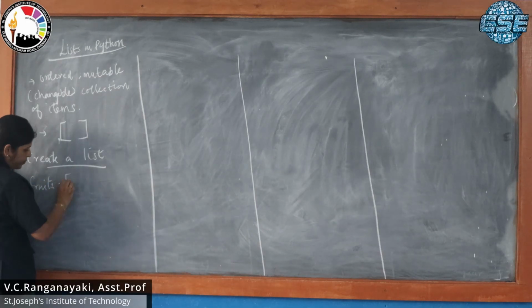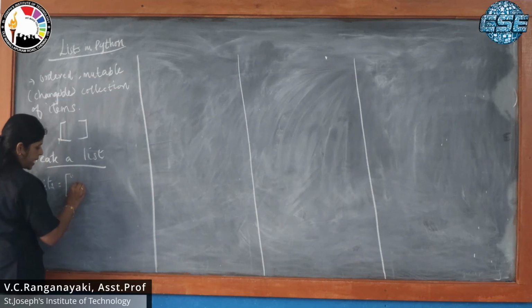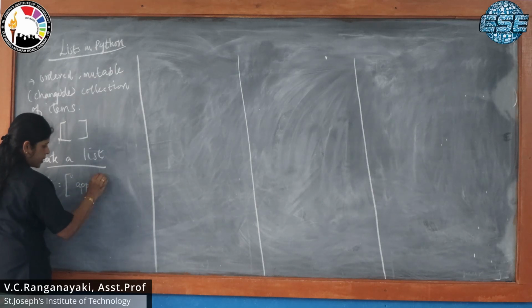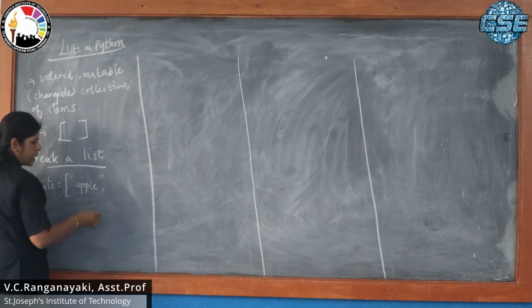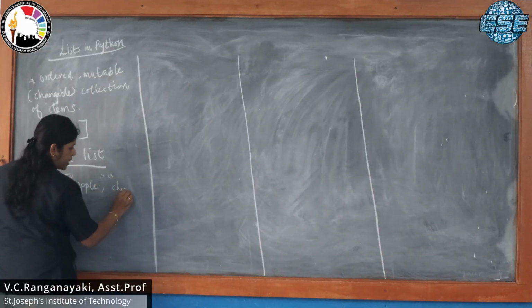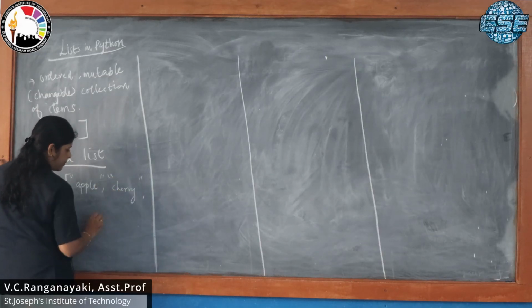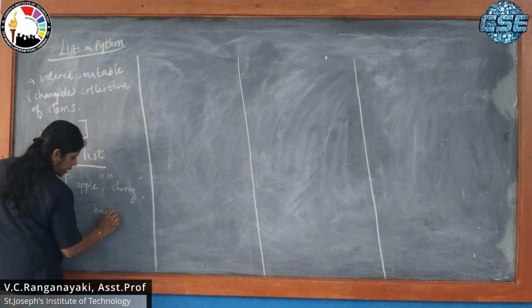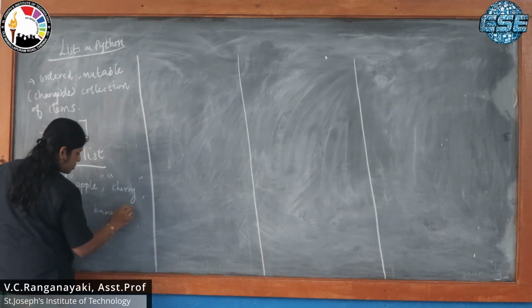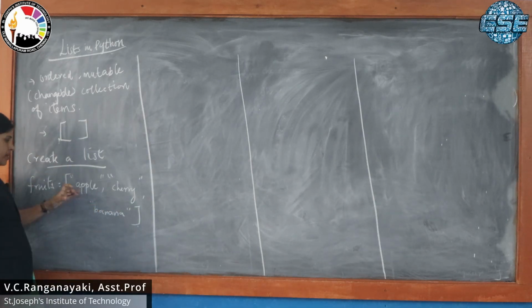Fruits equal to square bracket, apple is our first item, comma, cherry, second item, banana, third item. So only 3 items I took, apple, cherry, banana. I created a list for fruits. Fruits all come under string type.